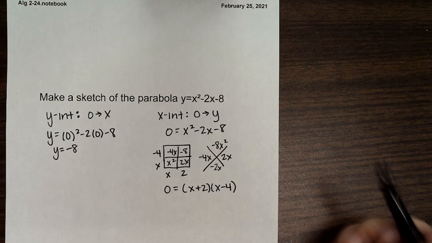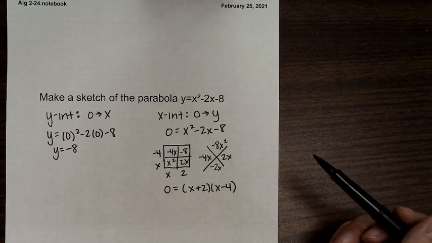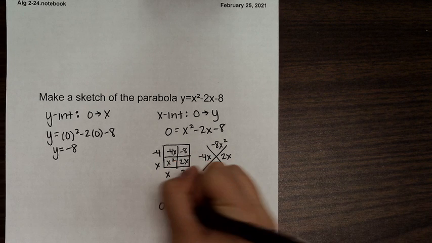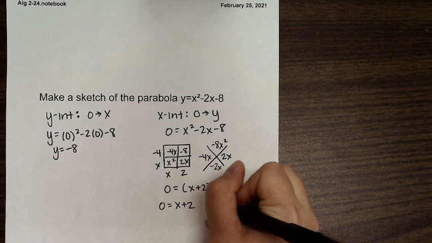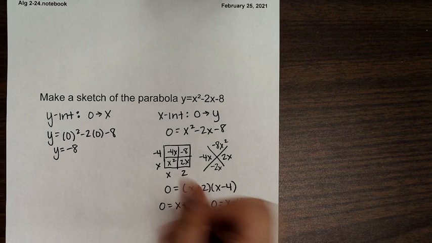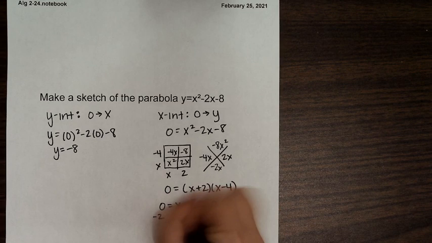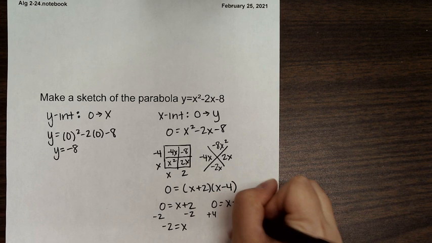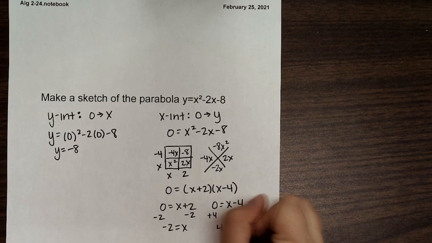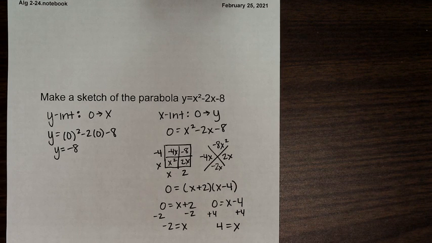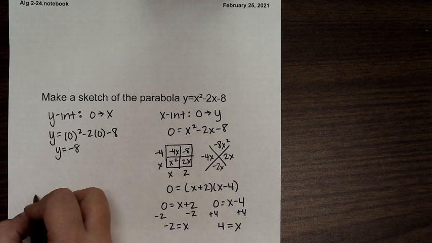And because we have two numbers that multiply to be 0, that means one of them has to be 0, so we set them both equal to 0 and solve them each for x. And now that we've done that, we can sketch our parabola.